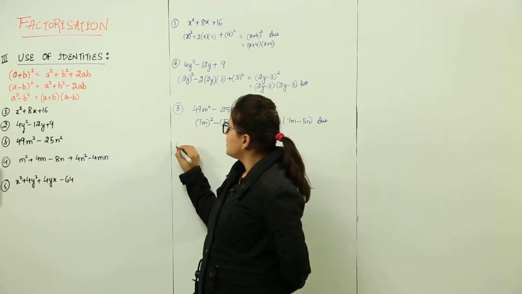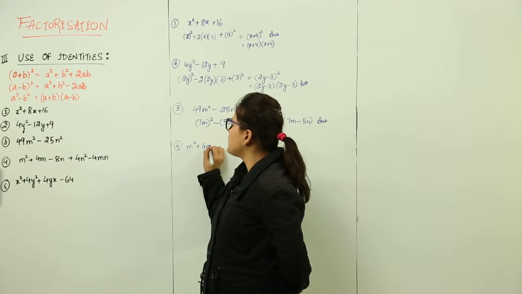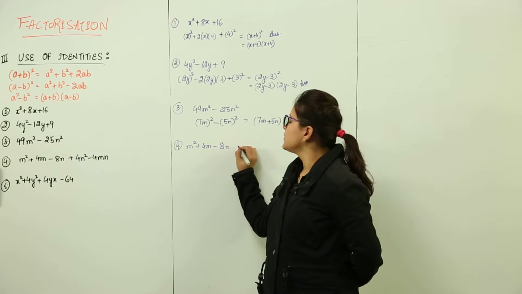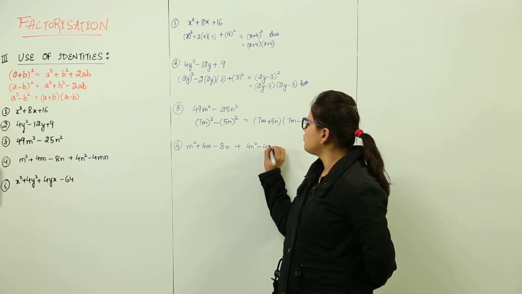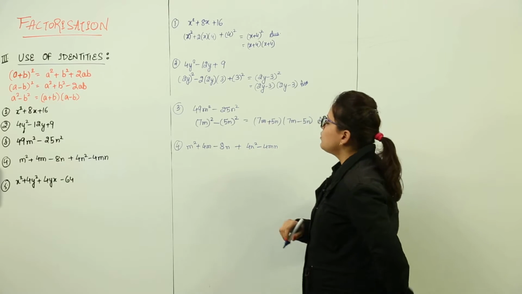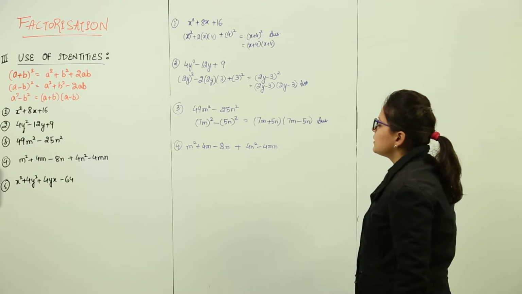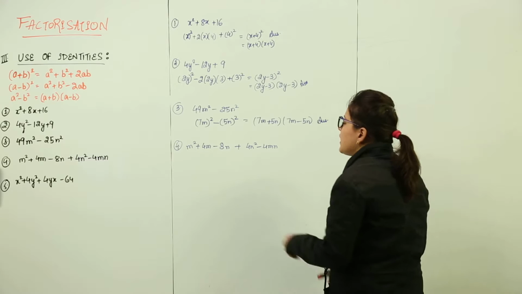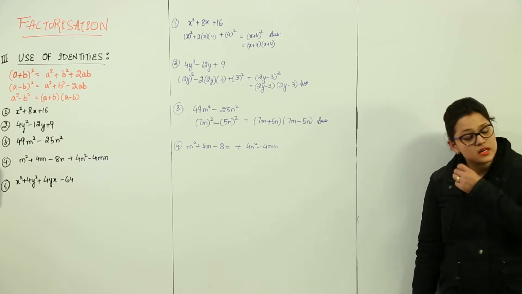Next is the fourth question. It says m square plus 4m minus 8n plus 4n square minus 4mn. Now you have to check which identity can be applied here. Just try and identify the number of terms it has. See, the number of terms it has is 5.